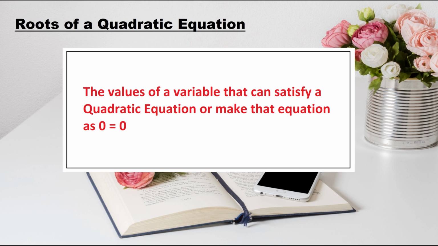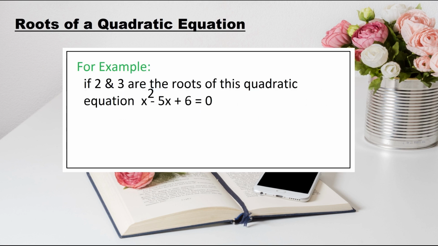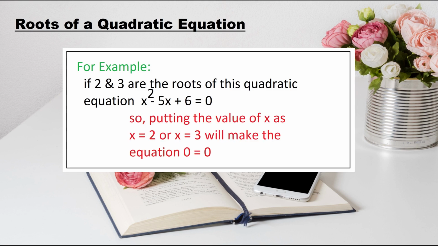For further explanation and elaboration, we can take two numbers as roots of the quadratic equation. The quadratic equation given is x square minus 5x plus 6 equals 0, and we take 2 and 3 as the roots of this quadratic equation. If these two numbers are the roots, so if we put x equal to 2, that must satisfy this equation or make the equation 0 equal to 0.